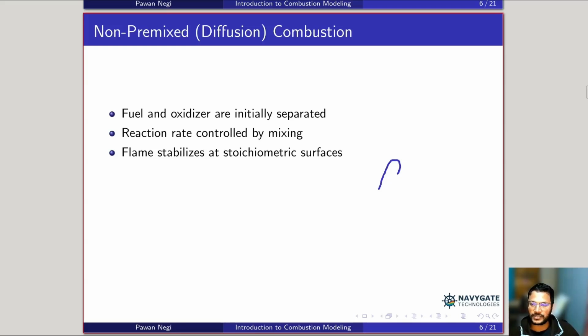This basically means that if there is some flow that is going on, then the fuel and oxidizers are assumed to be fully mixed at turbulent scales, and at this level only the reactions take place, and then you can have different kinds of diffusion that also can be modeled. A typical example of this is jet flames, then pool fires and industrial fires.